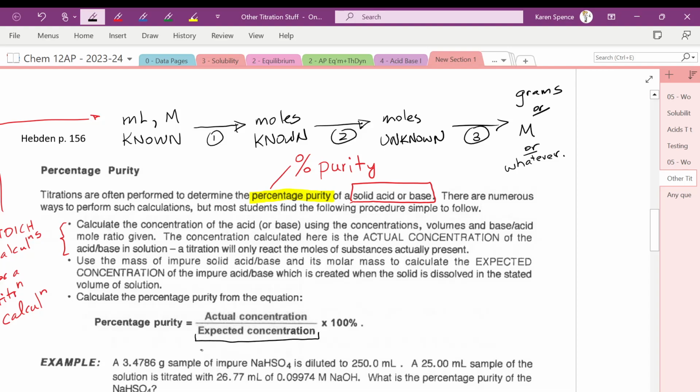This would be the concentration if the acid were pure, if the substance were pure.